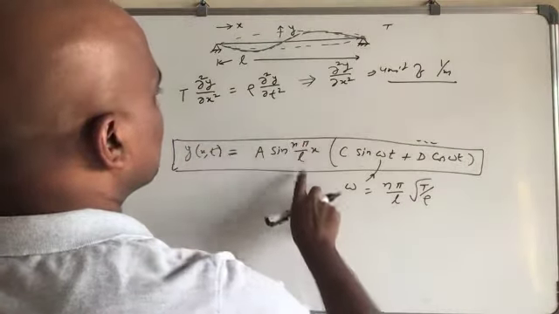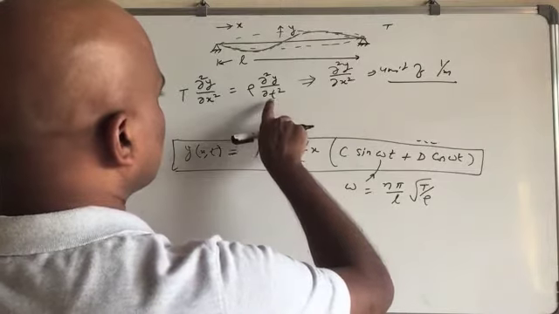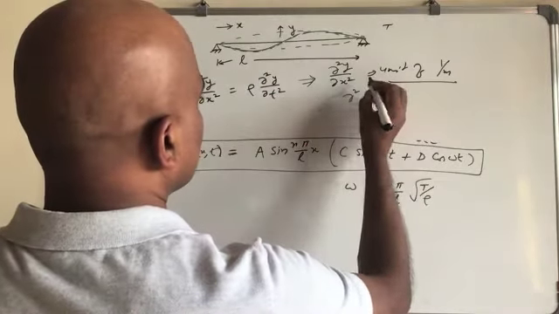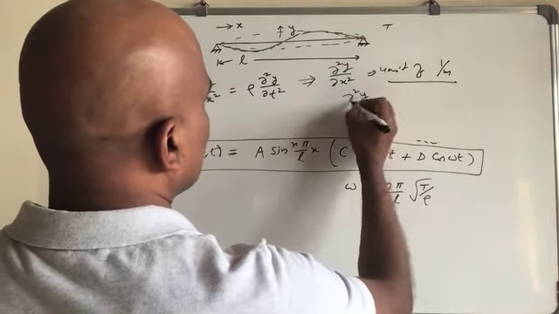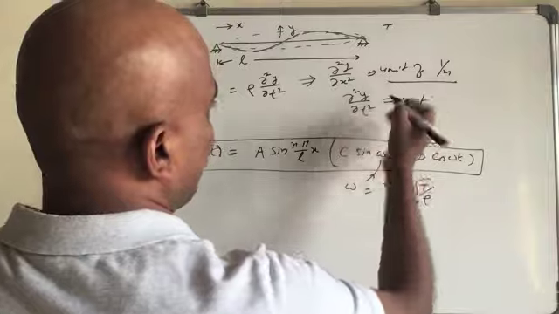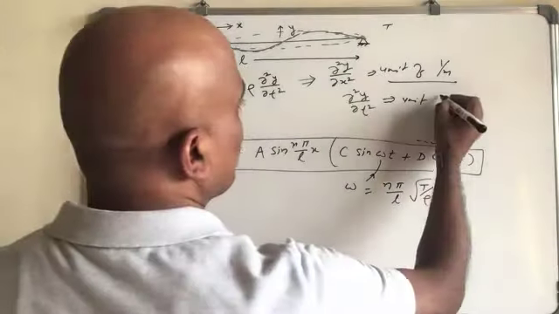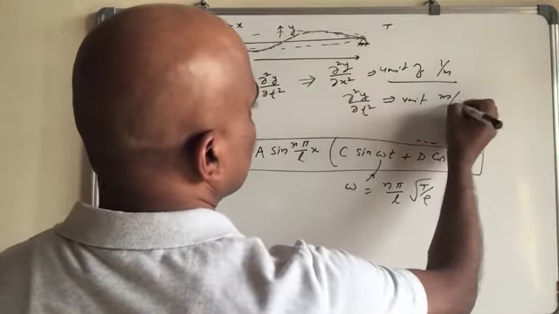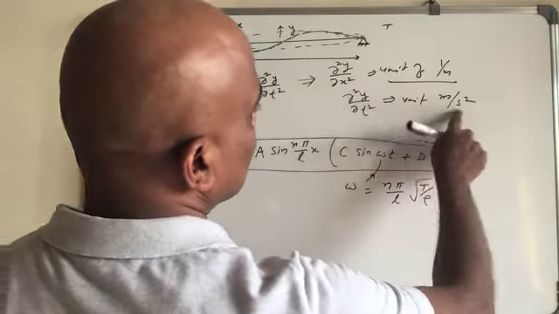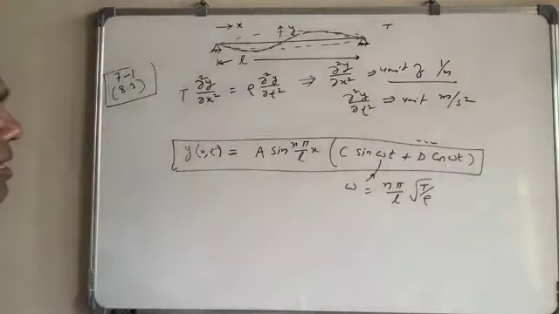Similarly, we have ∂²y/∂t². We have the unit of acceleration, right? So we have meter per second square. This is acceleration, so that's why we have the unit of meter per second square.